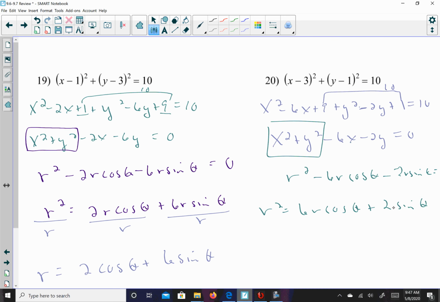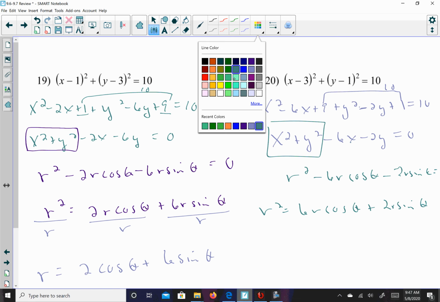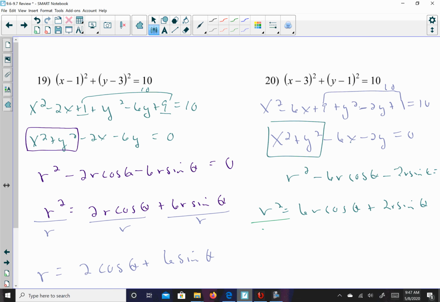Oh, forgot my r. Okay. Divide everything by r. So I'm going to say r is equal to 6 cosine theta plus 2 sine theta.